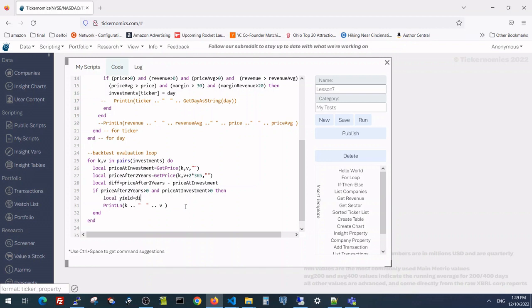So difference divided by, so we assume this is a bigger number, and multiplied by 100. Yield, so we can print it.